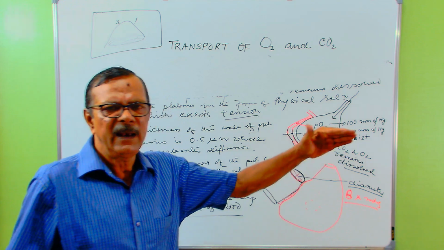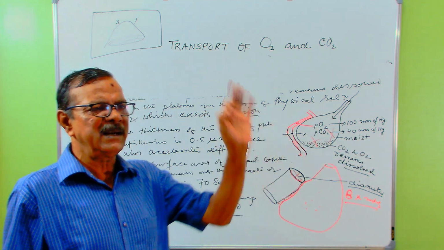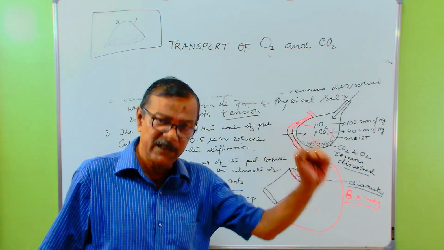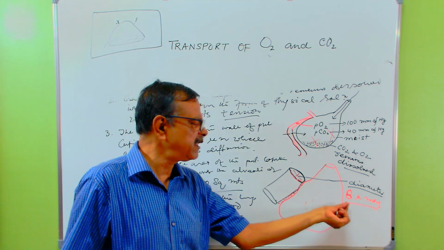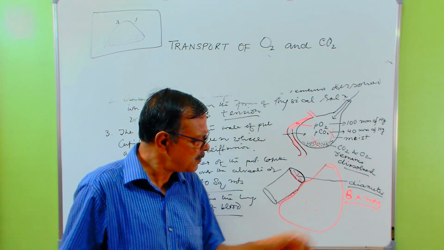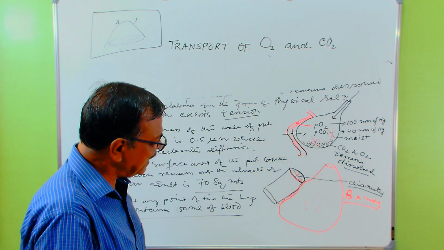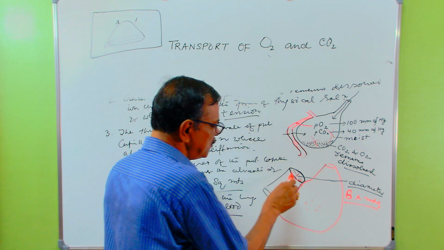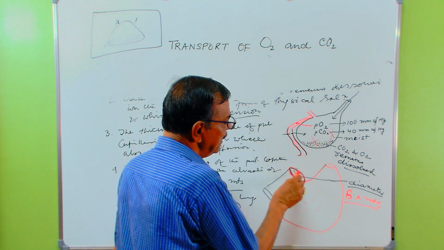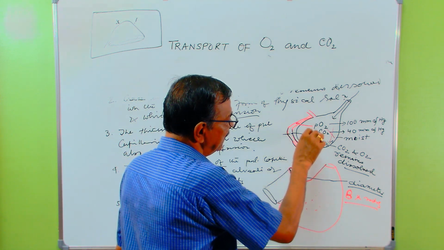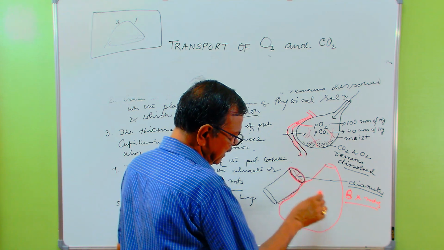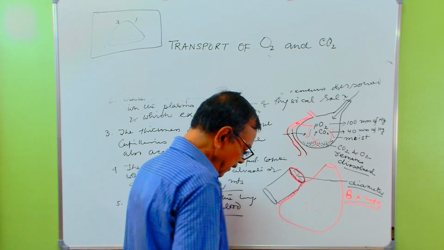Mu meter is less than a millimeter. One millimeter is divided into 1000, and it is the eighth part of that. So it is so thin that you cannot measure it with an easy instrument. This has been measured, and the diameter is 8 mu meter.